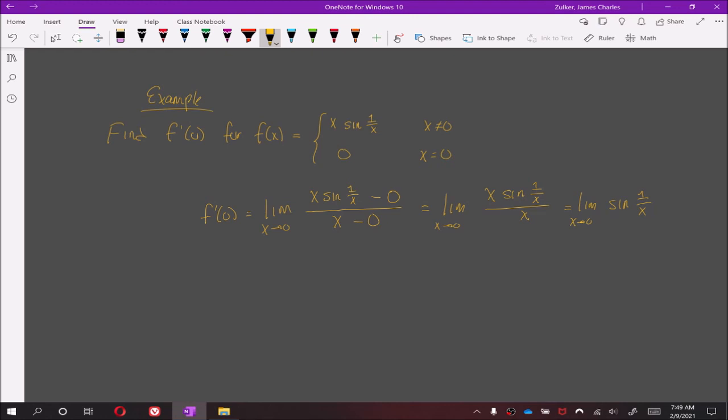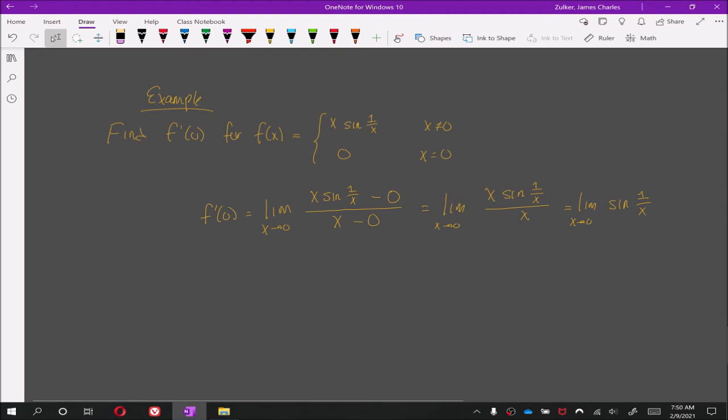Now, if we look at this, as x approaches 0, 1 over x is going to either go to positive infinity or negative infinity, right? Depending on what side we're coming in from.